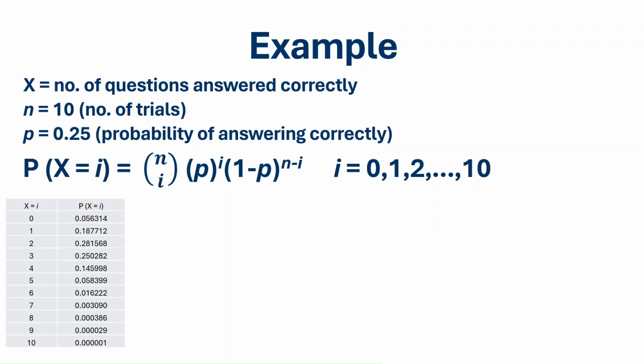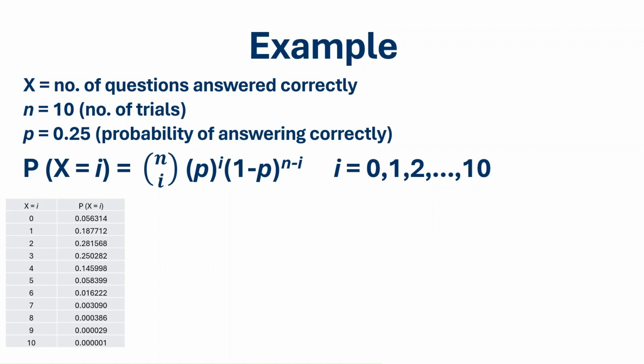We can then compute the probability of getting x questions correct, which is what we have just shown in the table. In the first column we have the different values of x going between 0 and 10, representing the number of questions that we got correct. And the second column is the actual probability that we have worked out using the formula that is displayed on the screen.